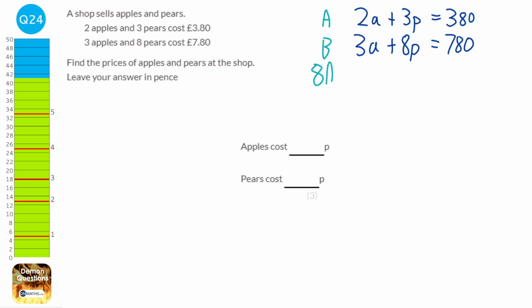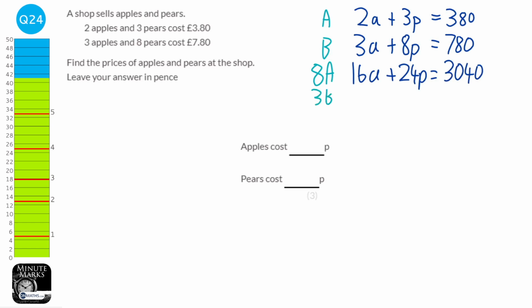So the 2a times 8 will be 16a plus 24p, and 380 times 8 is 3040. And we're going to do the same with B, but this time we're going to times it by 3, going through everything. So 9a plus 24p, which is good, that's what we wanted. And 780 times 3 is 2340.